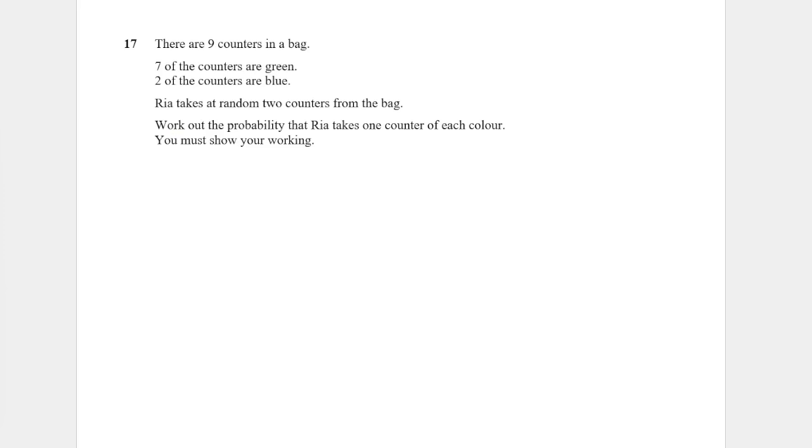So probability of picking a green and then a blue, and then I want to add that to the probability of picking a blue, then a green. So probability of picking a green counter, first of all, is going to be 7 out of 9. Takes 2 counters, so the probability of picking a blue counter then is going to be 2 out of, but we've only got 8 counters, so 2 out of 8.